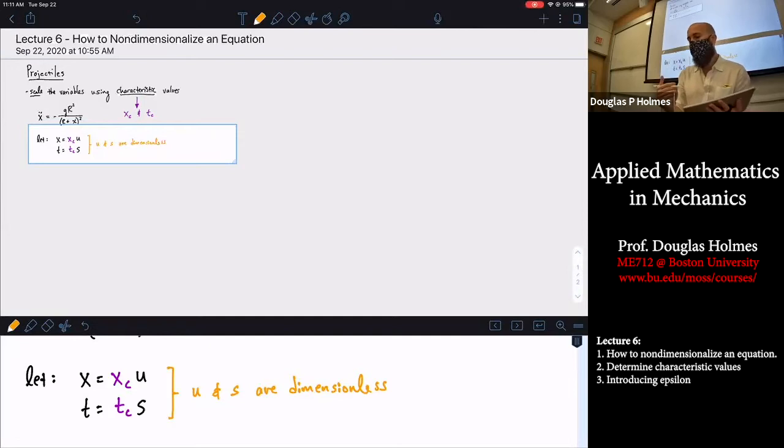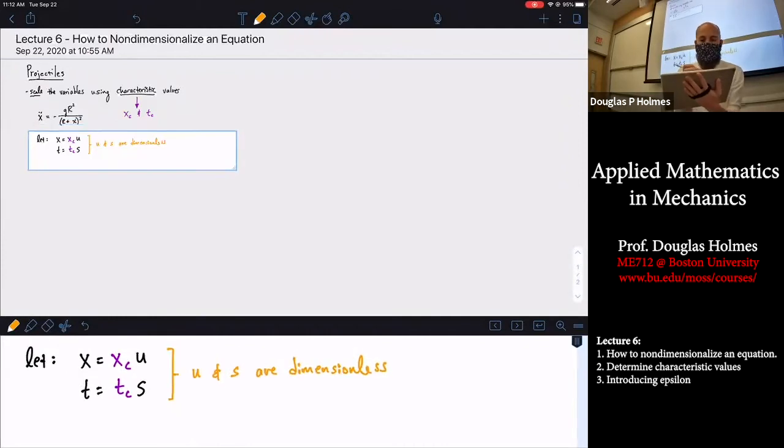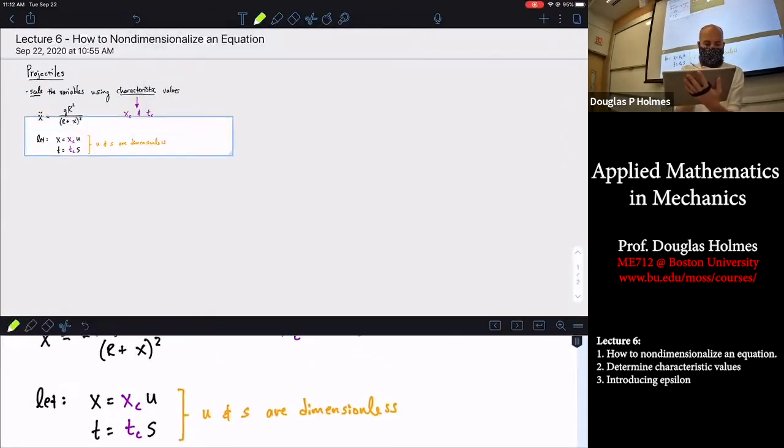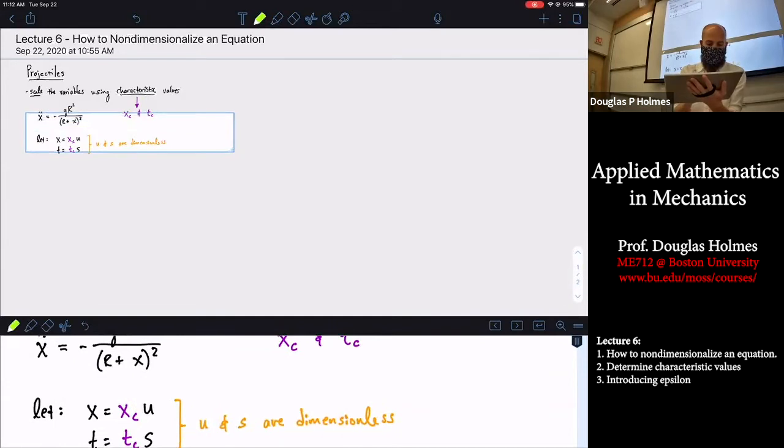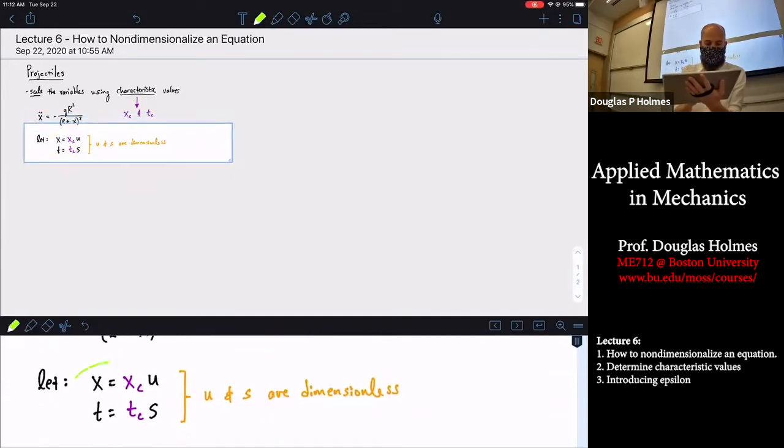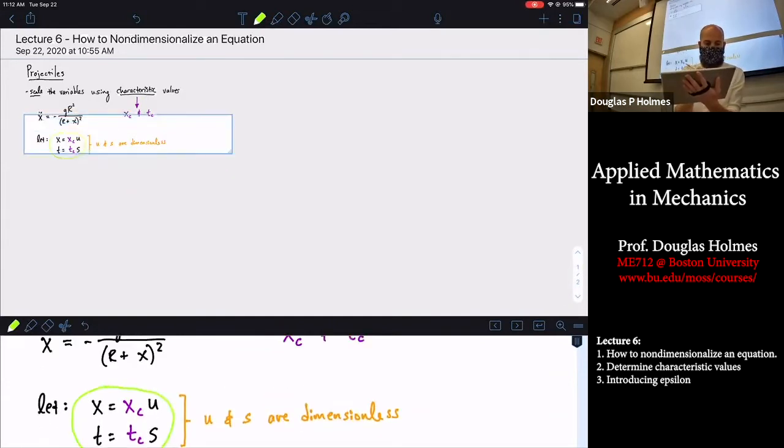And then you're going to replace those variables with your characteristic value times some dimensionless variable that represents, in this case, u, our dimensionless height, and s, our dimensionless time. So it's not quite as straightforward as just inserting these into here.